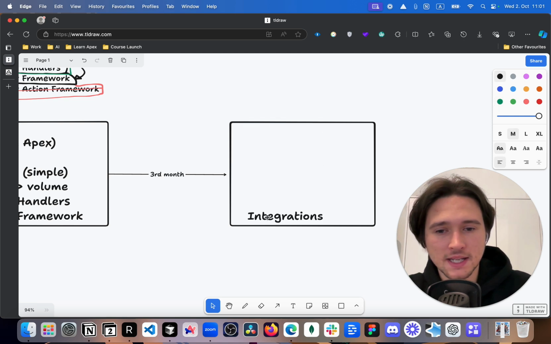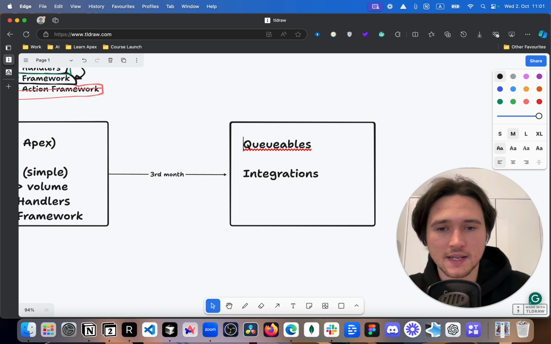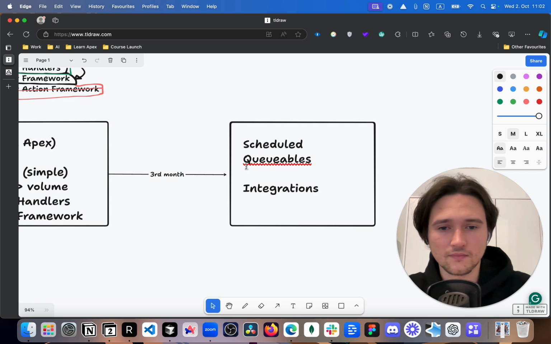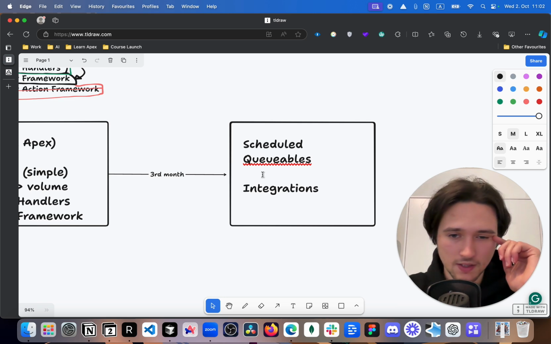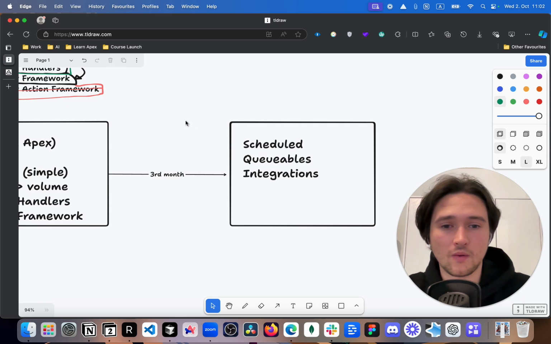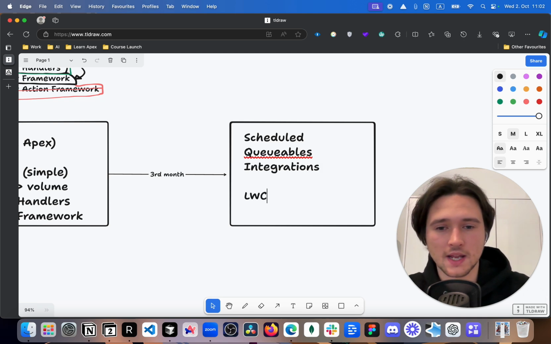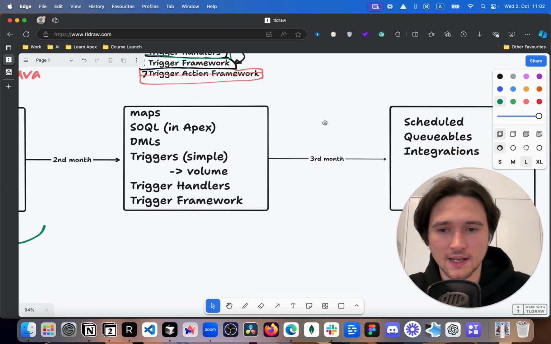But you cannot understand integrations unless you understand queueables. And a side quest on this is scheduled jobs, okay? So this is usually the whole topic of the third month. And then if we have time, usually with people, we also start with LWC. This is a whole different topic. I usually don't do it in 3 months.